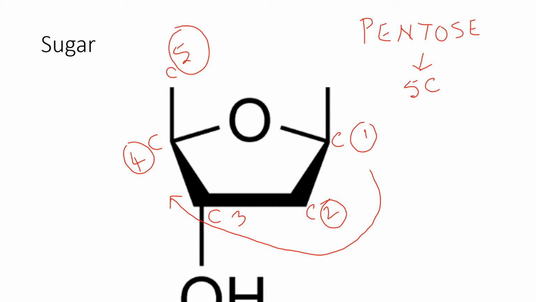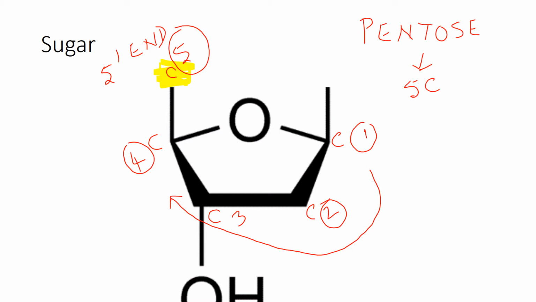So if the fifth carbon, let me highlight over here, if it is free, it is not bonded, then this will be called a 5 dash end, or it is called a 5 prime end if it is free.